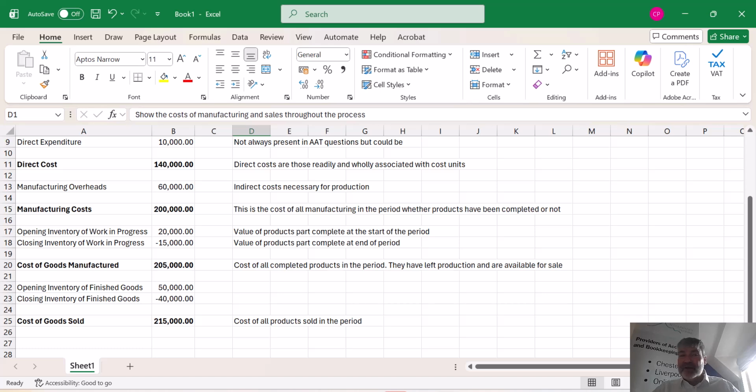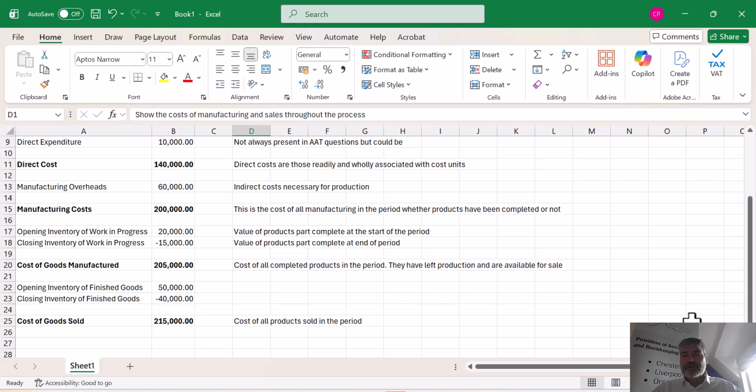At the end of the period, I will value the goods that are left in that finished goods warehouse. Here, I've shown that figure to be 40,000. So by deducting that £40,000, I must have arrived at the cost of everything that's been sold, £215,000. That cost of sales figure can be deducted from the revenue generated from those sales to arrive at my profits.